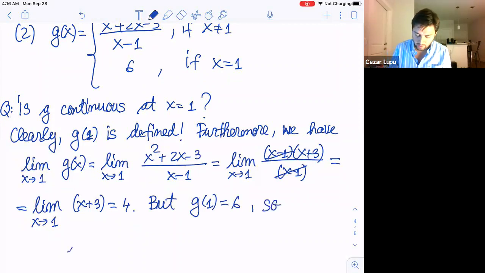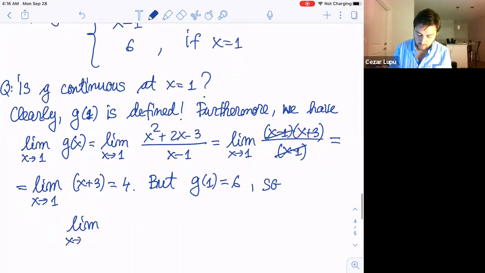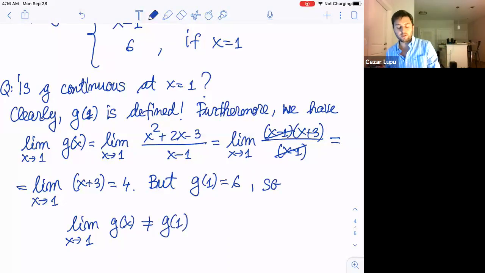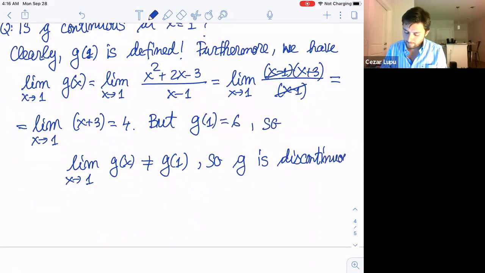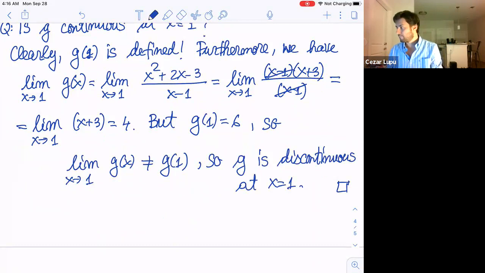So the limit as x approaches 1 of g of x is not equal to g of 1, the value of the function at that point. So g is discontinuous at x equals 1, and that's it. So you see another example of a piecewise function which is not continuous at a point. Now let's see some other examples.